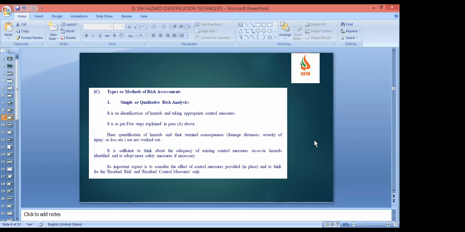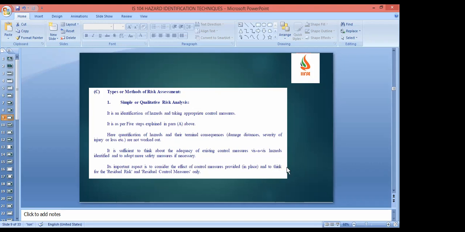Here the quantification of hazards and their terminal consequences, which means damage, that is, whatever the occurrence or impact of those hazards, and the severity of injury or loss, are not worked out. It is sufficient to think about the adequacy of existing measures, and vice versa, the hazard identified, and also adopt more safety measures if necessary.